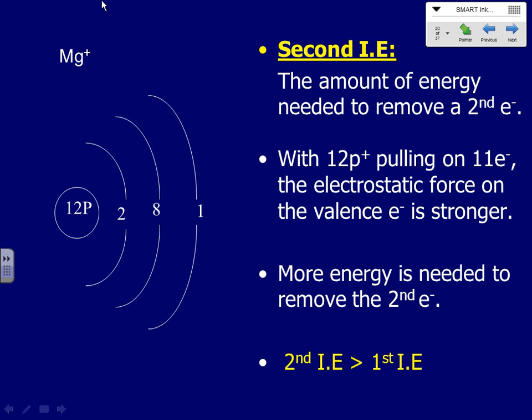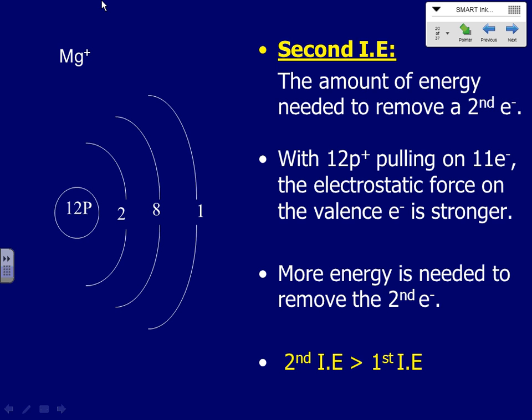The first one to come off is feeling that pull, right? Feeling the 12, and as it's pulled away, it's turning into just a +1 charge. And so in the long run, to make that first electron come away is not as hard as when you're trying to pull an electron away from a +2 charge as it becomes that, okay?